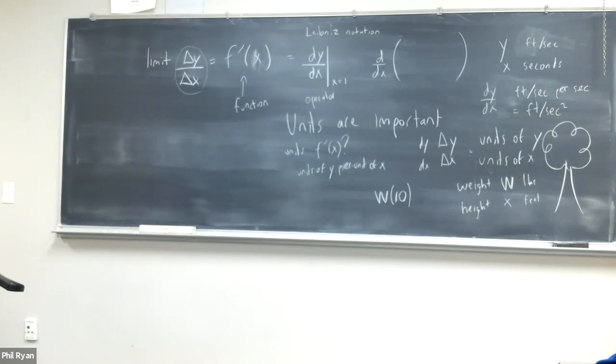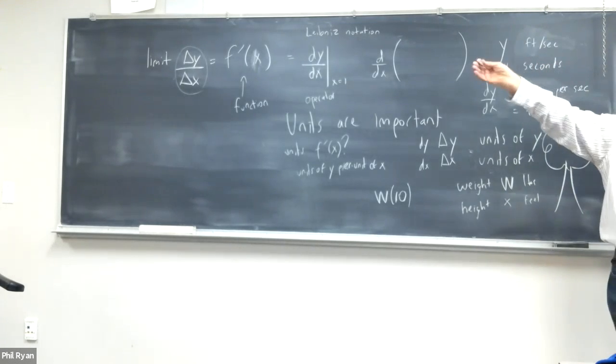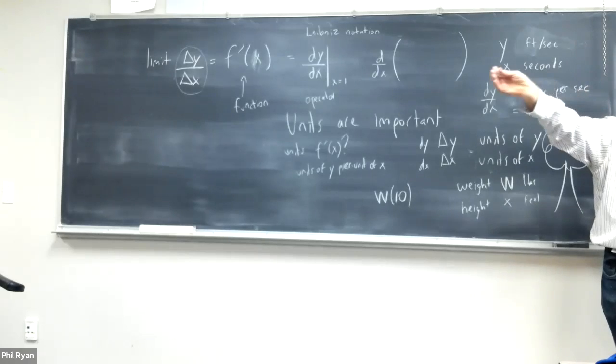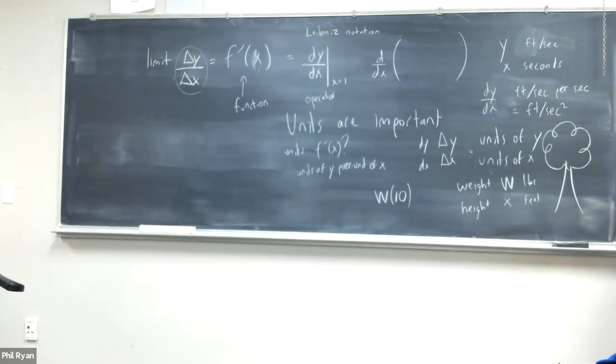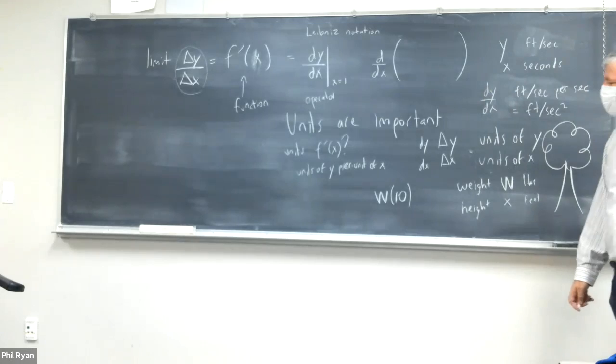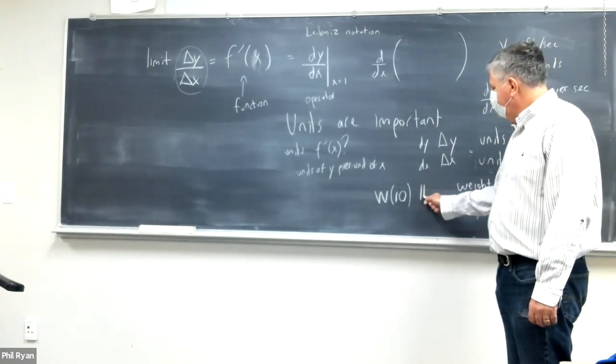It's the weight of a tree which is 10 feet tall. Exactly. Okay. And so if we were some kind of forester, we could make up a table of different trees at different heights and their weights. Okay. So this is in pounds.